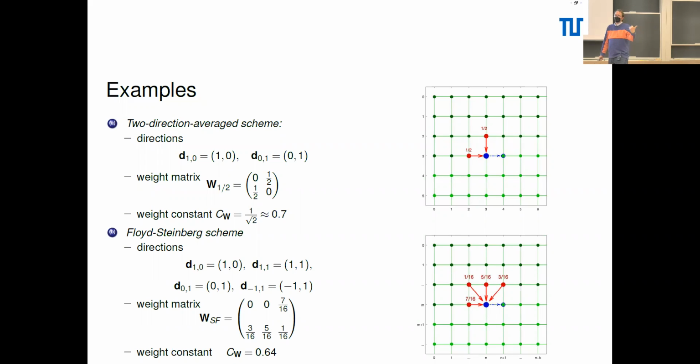If you're going line by line, the weight constant is 1, right? So we have already some significant improvement by just doing the 2 directions. And then the next thing that we notice is that actually the Floyd-Steinberg scheme is a weighted sigma delta scheme in the sense of the previous definition, and the weight constant is 0.64. So it actually really improves upon this very simple combination.